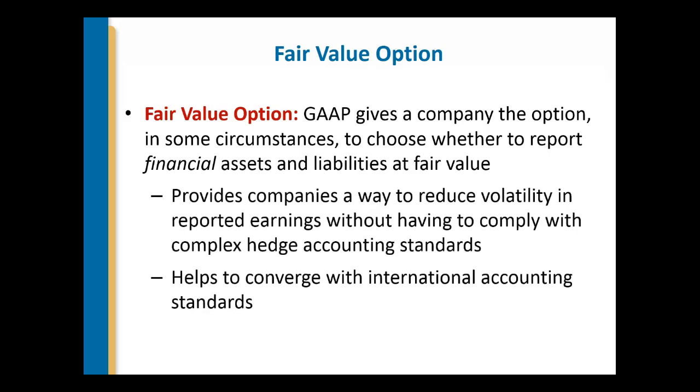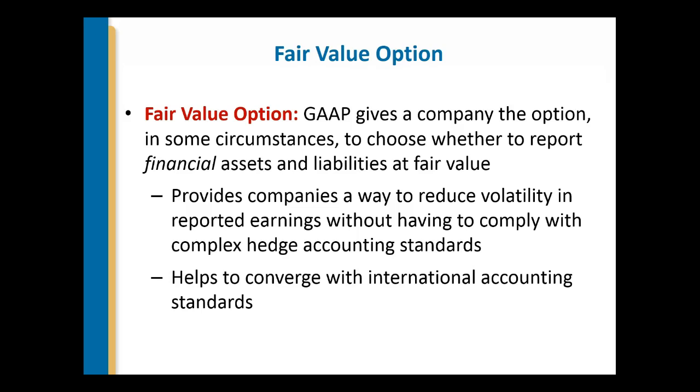GAAP gives a company the option to value some financial assets and liabilities at fair value. If a company chooses the fair value option, future changes in the fair value are reported as gains and losses in the income statement. Financial assets and liabilities are cash and other assets and liabilities that convert directly into known amounts of cash.